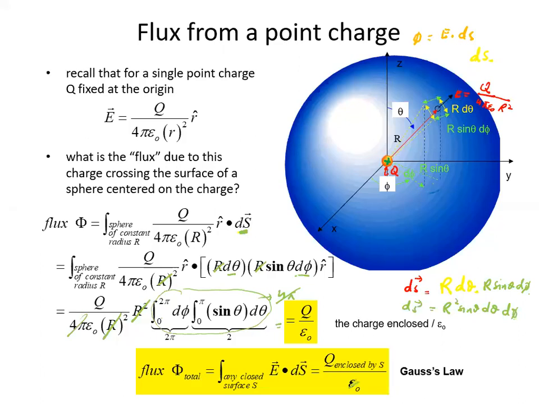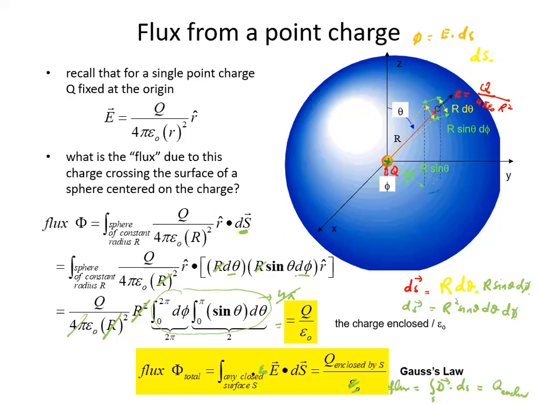If I bring this epsilon naught here, our flux will be equal to the surface integral of epsilon naught E, which is D, dot ds, which equals the charge enclosed.